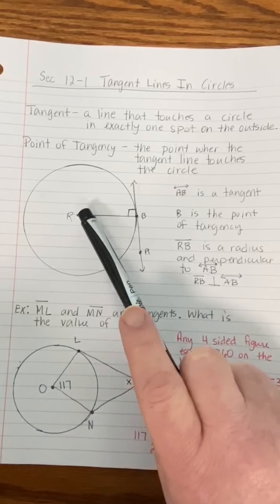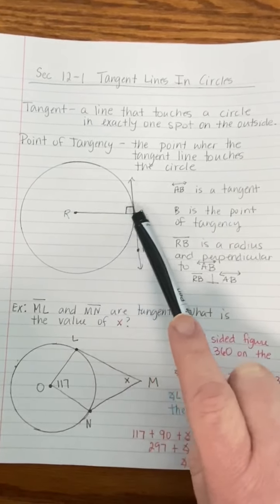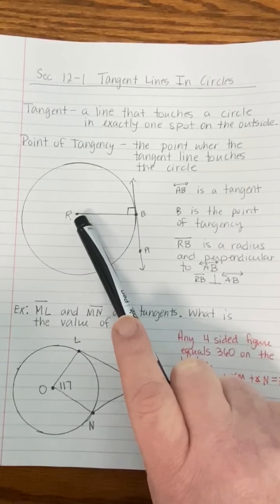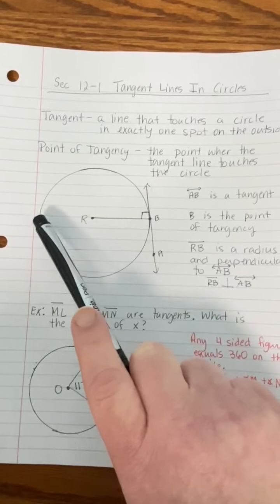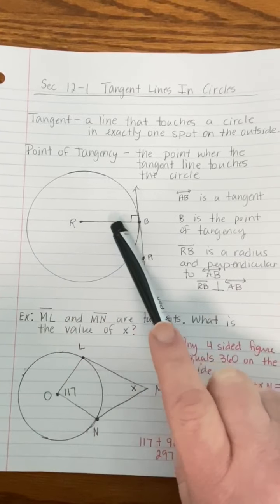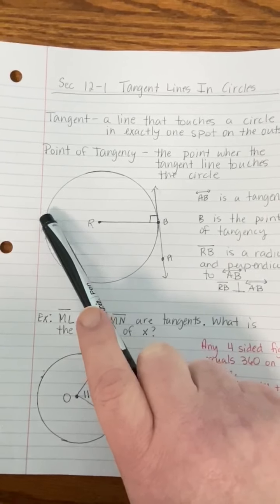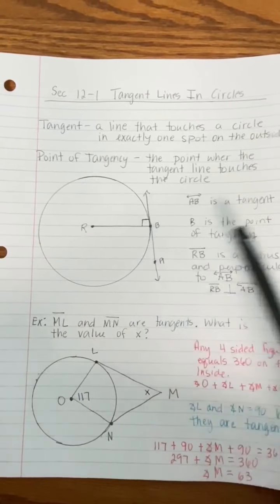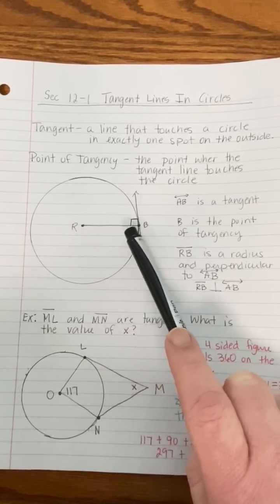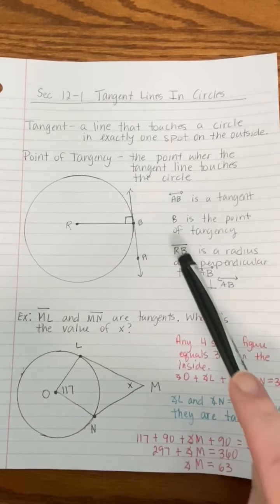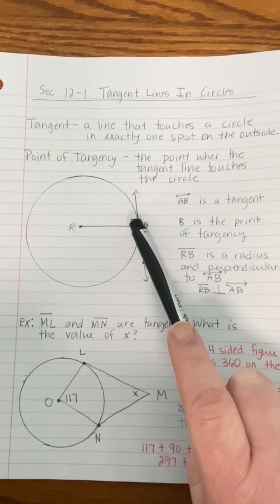Let's remember, a line or a segment that goes from the center to the circle is called a radius. So RB is a radius. Now, if we had a line that went all the way across through the center, that was called a diameter. So RB is the radius, and anytime you have a tangent line, it is always going to be perpendicular at that point.